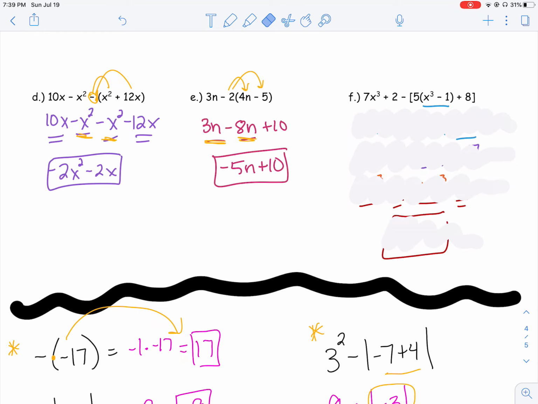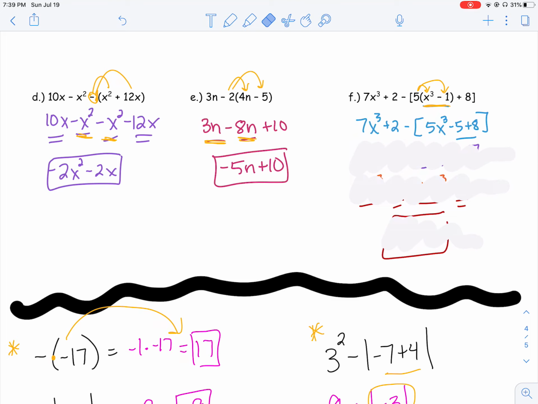All right, my last one here, a little more complicated. Look, there's a small round parenthesis, and then a bracket. But if you look inside this round parenthesis, there's really nothing else I can do. They're not like terms there. But I do notice that I have a 5 right next to it. And what I want to do with that 5 is make sure I distribute it through. So being careful and organized, I still have my 7x cubed.